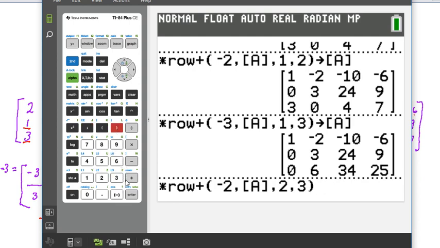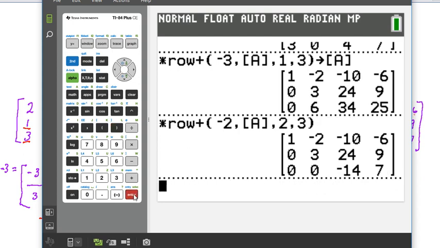Now, suppose that you make a mistake and you forget to store that. So let's just see what happens if I forget to store that. I hit enter, and I've done it, and then I realize, oh wait a second, I didn't store this. So matrix A is going to be the same as what was back up here. But I can say, oh wait, I want that previous answer.